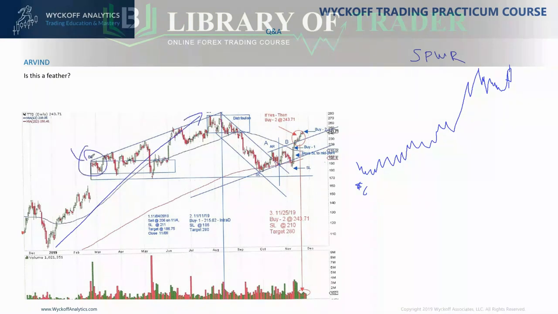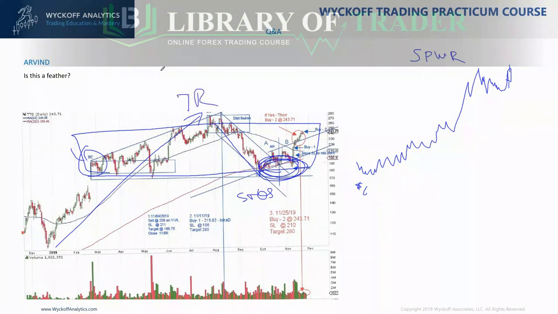We see stopping action, so we're kind of in a trading range. Within this trading range, we are identifying this area, a short-term oversold, more or less February to about, yeah, maybe some kind of potential reaccumulation right here.